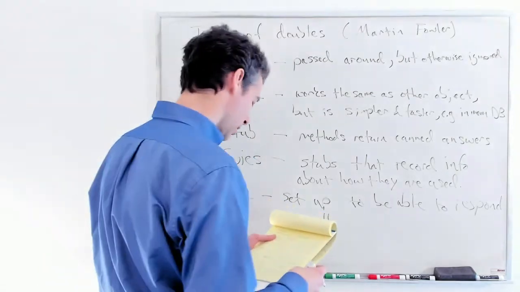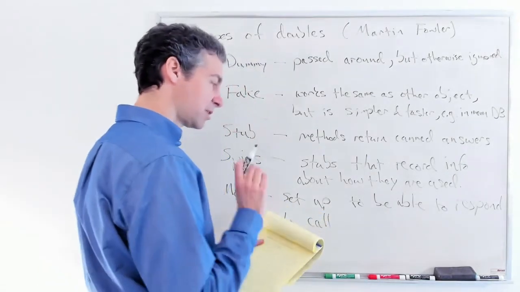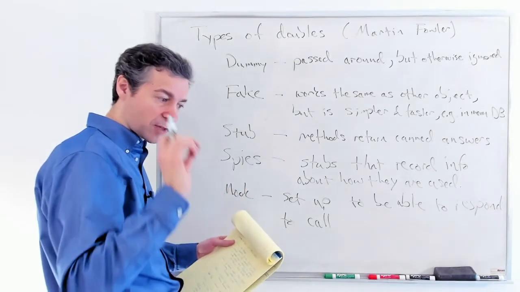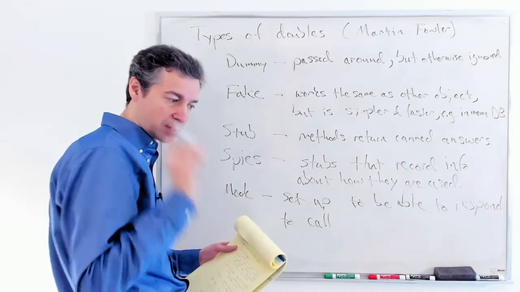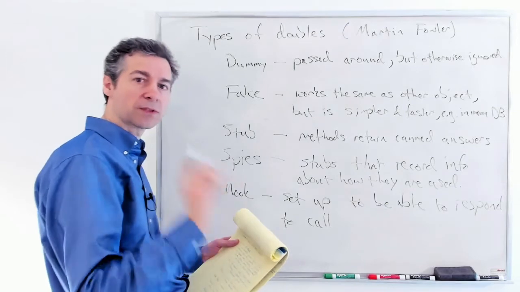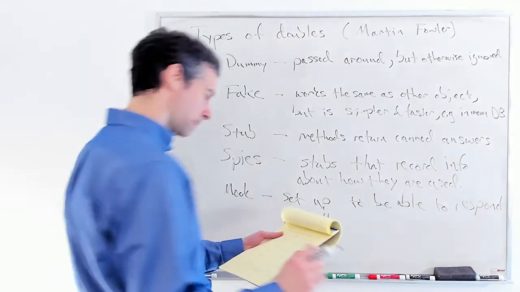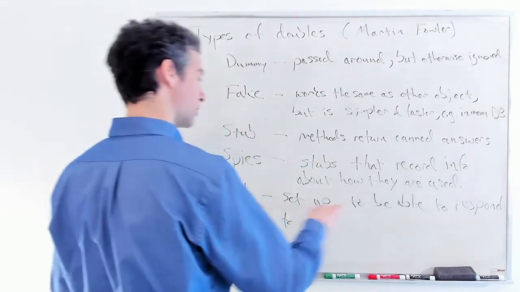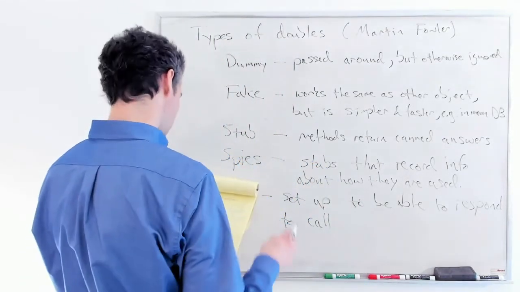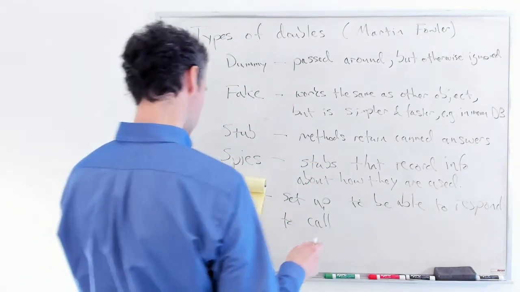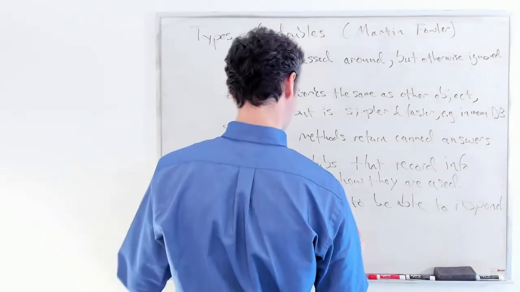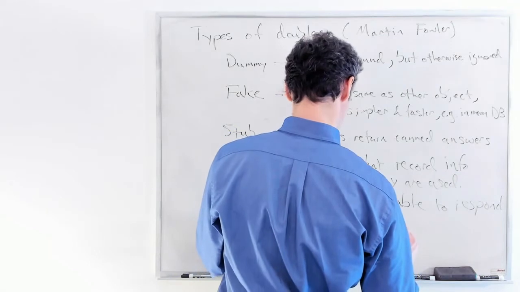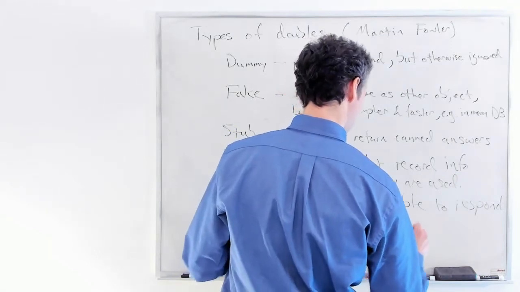You're basically saying, this object, I expect it to receive a call on this following method. So it's set up to be able to respond to a call and can verify if so called.